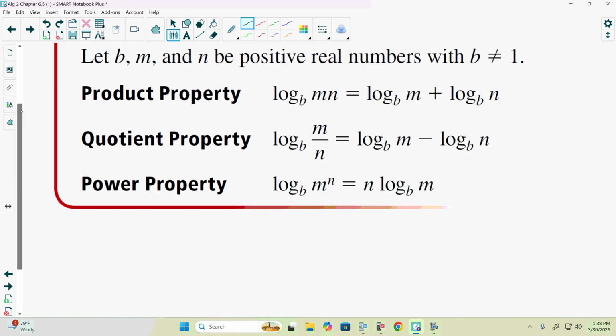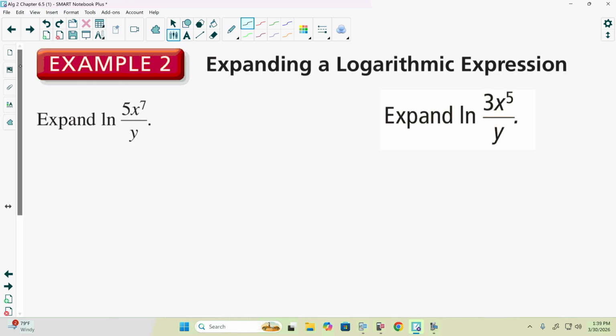So what we're going to do with these is take a logarithm, the natural log of 5x to the 7th over y, and expand it out as far as we can possibly expand it using these properties. The first property we're going to use is quotient, our division property.